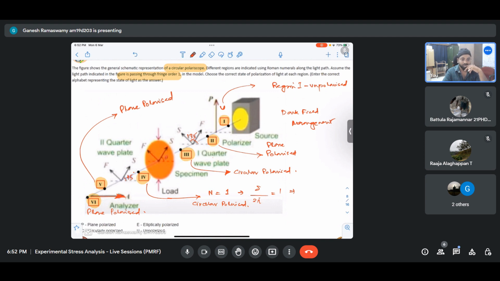Once the quarter wave plates are kept crossed and the polarizer and analyzer are kept crossed, we are able to analyze the response at any point based on our Jones matrix. We are given that the retardation introduced is nothing but one wavelength, because the fringe order there is one. Based on this, for this arrangement, we can write Jones calculus and easily discern the nature of light in each and every region. So I take it that this is clear. Let us move to the next question.